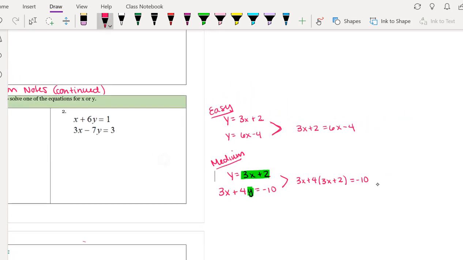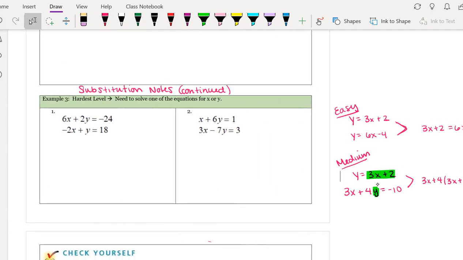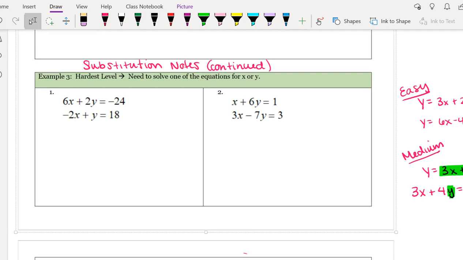Today, we're going to look at the hard level, or the most difficult, where if you look at both of these equations, they're in standard form. Okay, so the first thing we need to do is get one of the equations solved for x or for y. So if you look at this, I have 6x plus 2y equals negative 24.